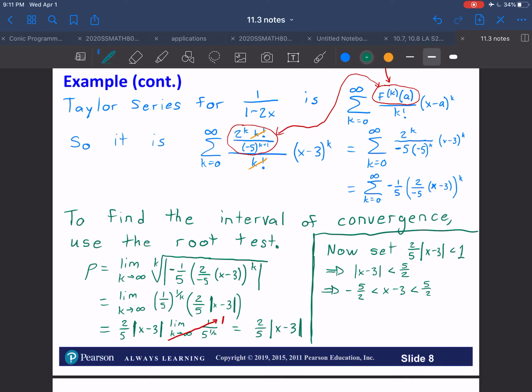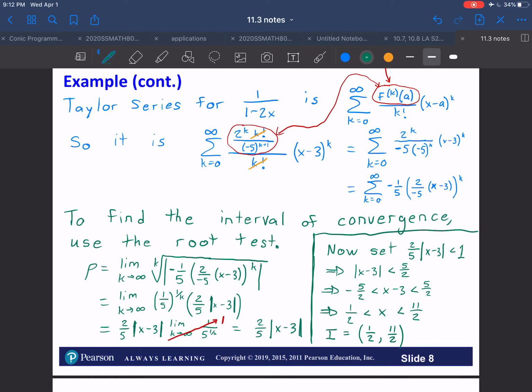We can add 3 to every side. So on the left-hand side, whenever we add 3, negative 5/2 plus 6/2 is just 1/2. On the right side, 5/2 plus 6/2 is 11/2. And so the interval of convergence is 1/2 to 11/2.